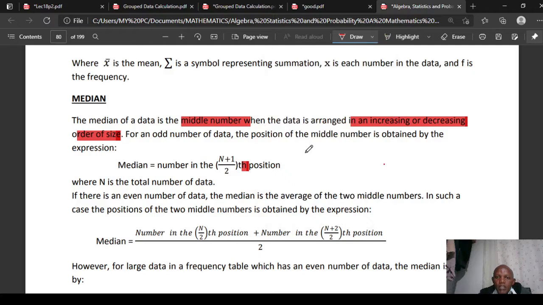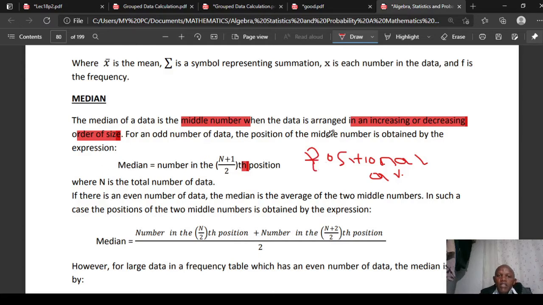What we are simply saying is that it tells you the position of a specific variable in that series.